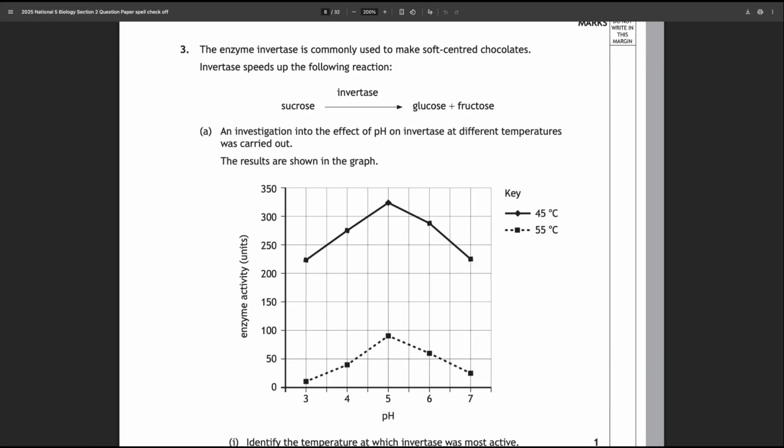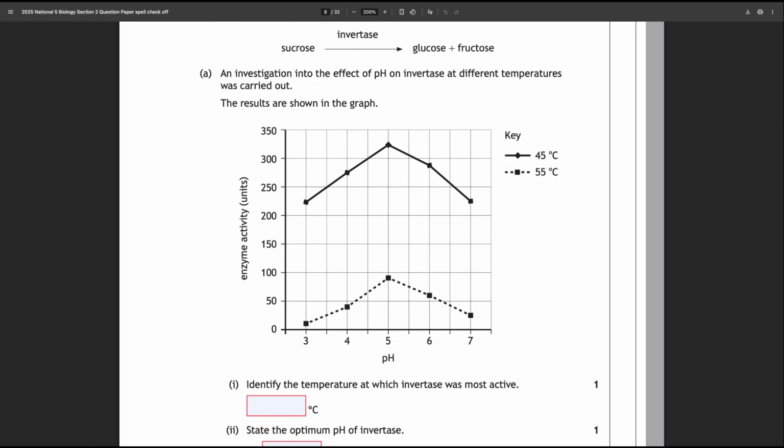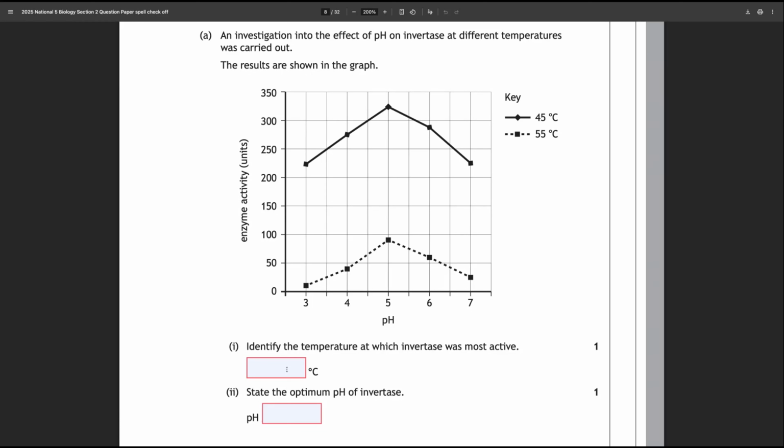Part A, an investigation into the effect of pH on invertase at different temperatures was carried out, and the results are shown below. You can see them in the graph. Okay, so we have to identify the temperature at which invertase was the most active. Okay, so we've got 2 graphs here. We've got one showing 45 degrees, where the enzyme activity is significantly higher than at 55 degrees.